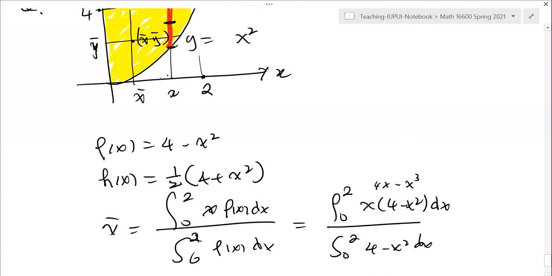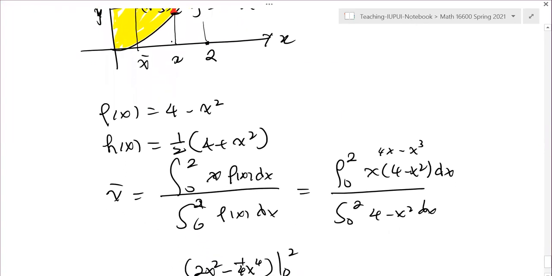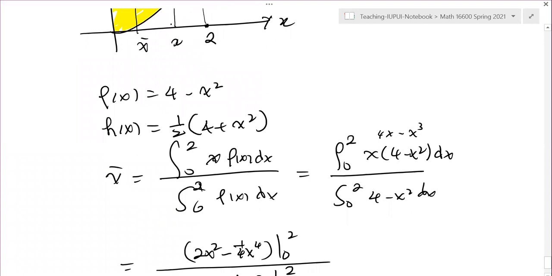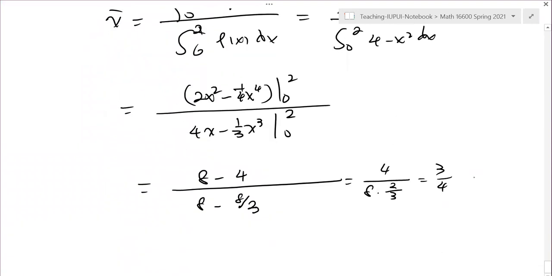Sorry for that. It's from 0 to 2, so this is much less than 1. Here's 2, this is 1, and 3 over 4 is somewhere here. So it's okay, it's on the left-hand side.